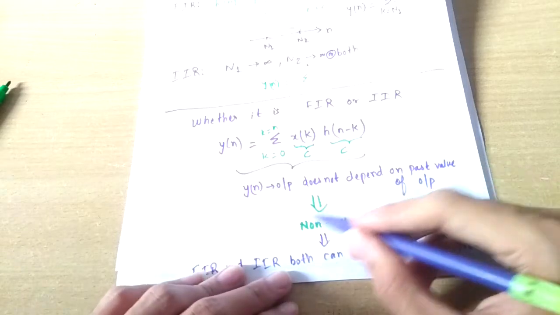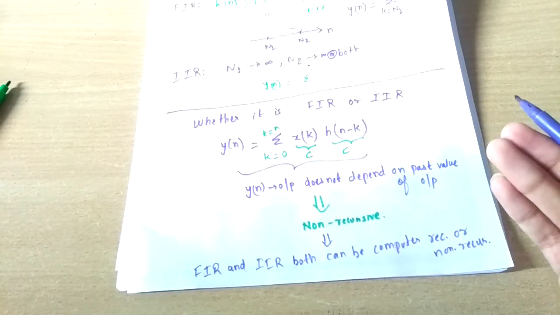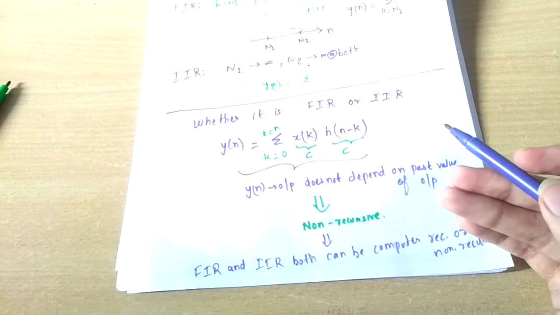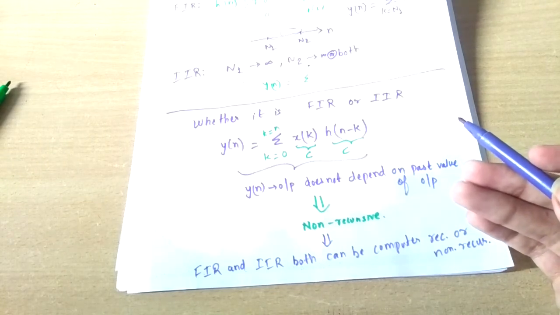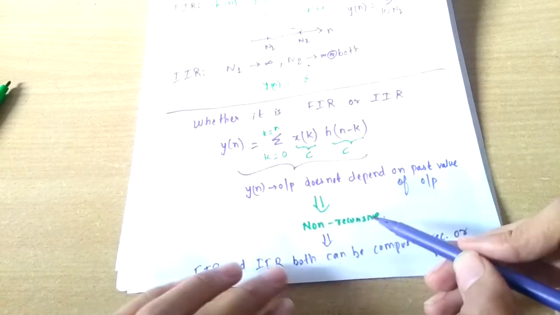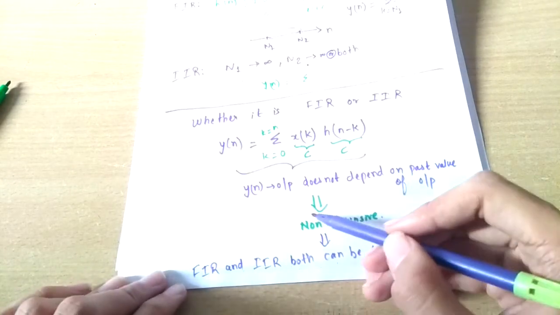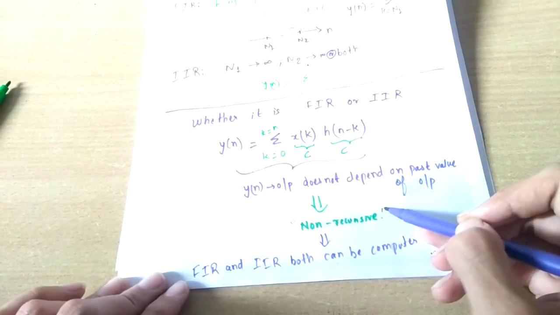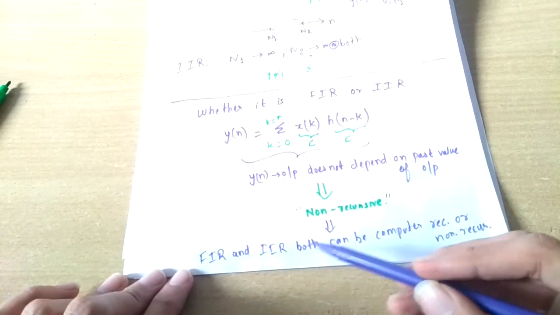You might ask that over here you got non-recursive, but it depends on the limit. If we consider some difference equation, like I will take the example, there we will get the recursive also. There might be a question in your mind that you are writing non-recursive here and then writing for both FIR and IIR, right?